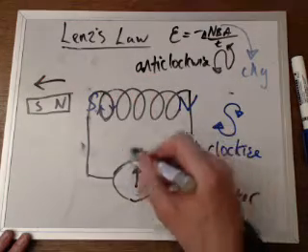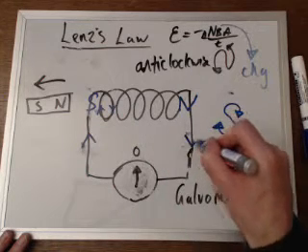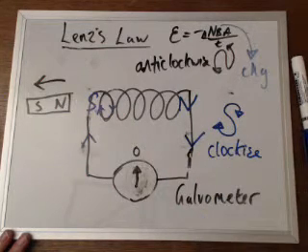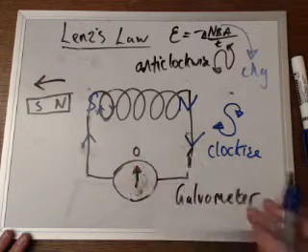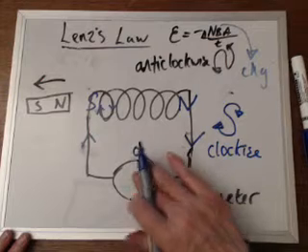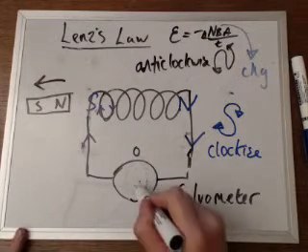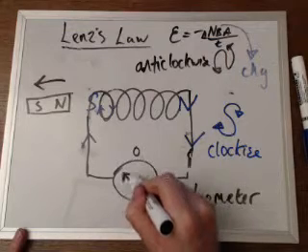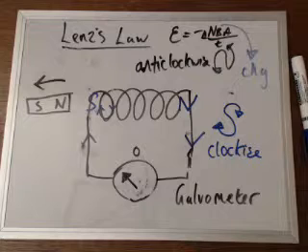We'll see that this time the current is flowing in this direction there. Okay, so therefore this time the galvanometer will be deflected in the opposite direction. So while the magnet is moving away, it'll be deflected in the opposite direction to before.